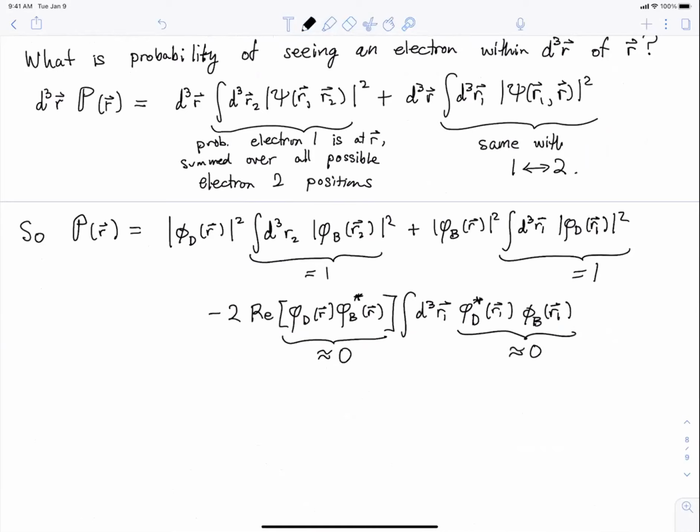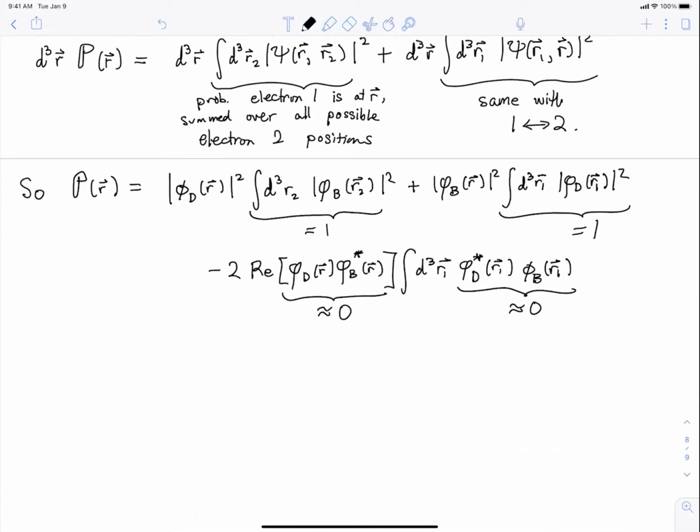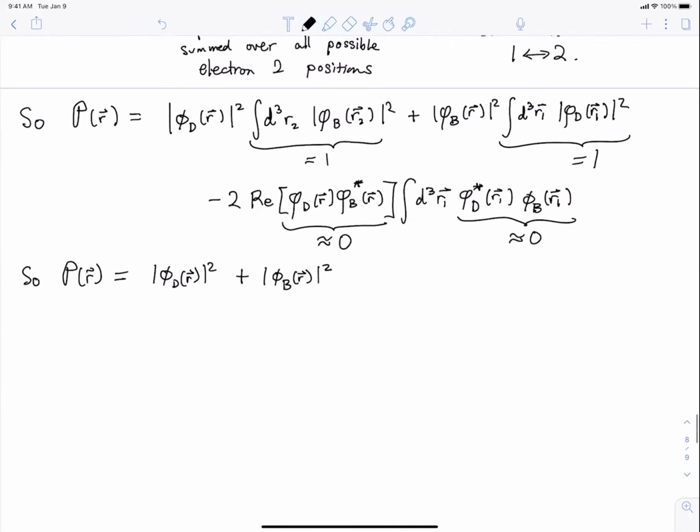And so we can just ignore the cross terms, right? And so the probability density of observing an electron somewhere separates into two parts. There's the DeKalb part squared, plus there's the Batavia part squared. Okay, and the key point is that only one of these is non-zero for any fixed r.